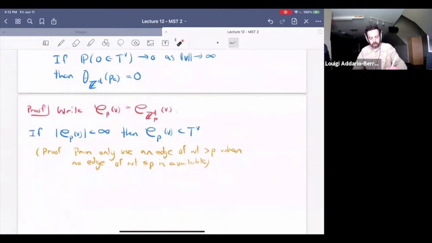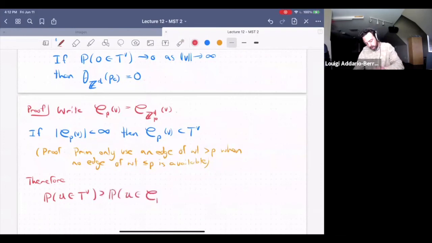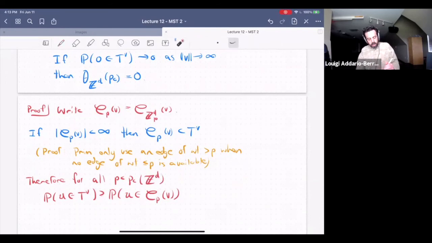Okay. And so that says that if I ask about the probability that a given vertex u is in the tree T_v, that's at least the probability that u is in the component of v at a given percolation value p. So that's true for all p less than the critical value, because if I look at p less than this critical value, then this component here is almost surely finite.